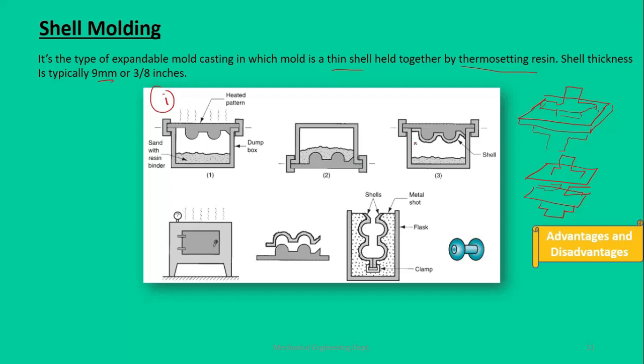Then the box is repositioned into its original position, and the remaining sand particles are allowed to settle down. Then, in the fourth step, this pattern with the sand shell on its surface is placed into the furnace or oven.